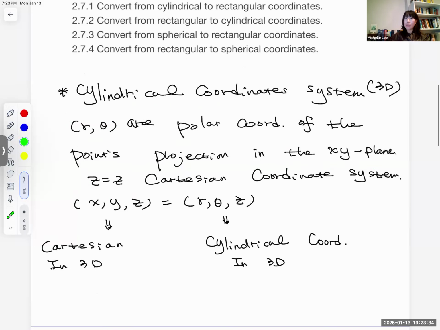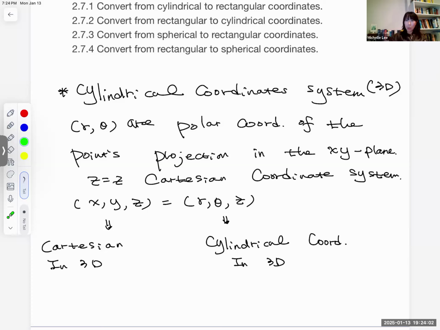So we have x, y, z as an ordered triple, not a pair. Then we can express the cylindrical coordinate system as r, theta from the polar coordinate, and then for z we just use z as well from the Cartesian coordinate system.